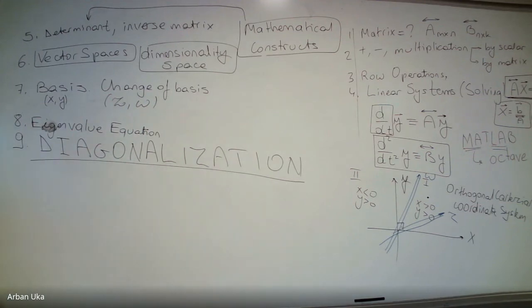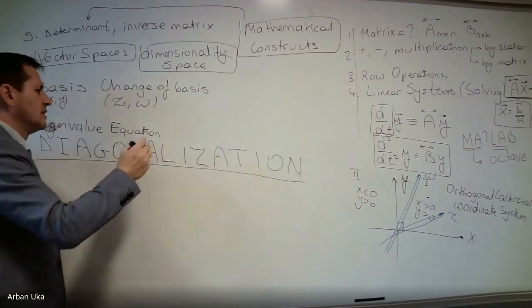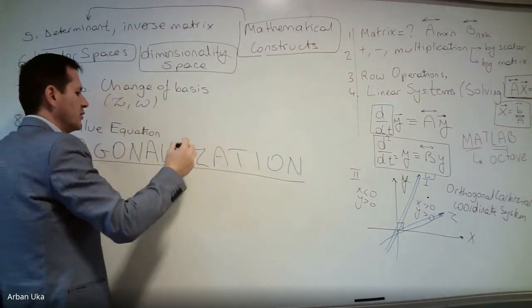Everything is to prepare us to understand how a system can be diagonalized. In this case, the diagonalization. First of all, we're going to see the definition of being diagonal. We can have a matrix, a mathematical construct which is composed of numbers, and then we need to diagonalize it. We're going to talk about diagonal matrices. And then, after we learn these, we'll see that many matrices can be diagonalized using eigenvalues.